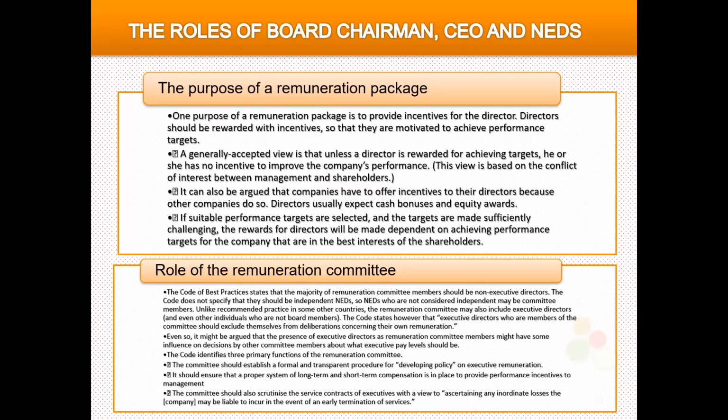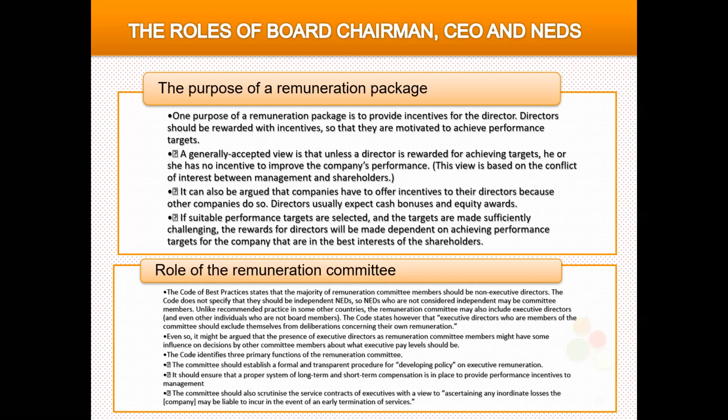Now let's look at the role of the remuneration committee. The code of best practices states that the majority of remuneration committee members should be non-executive directors. So what are their functions? The committee should establish a formal and transparent procedure for developing policy.